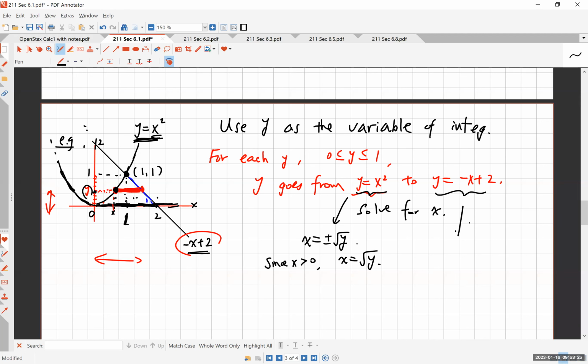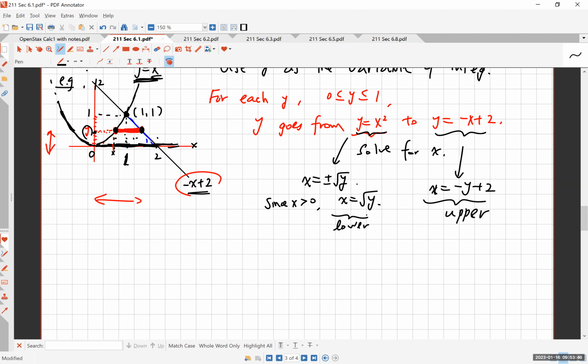And then from this, of course, x is simply negative y plus 2. I just solved this for x, and that's this point here. And so now this is the lower limit and this is the upper limit for the x values.